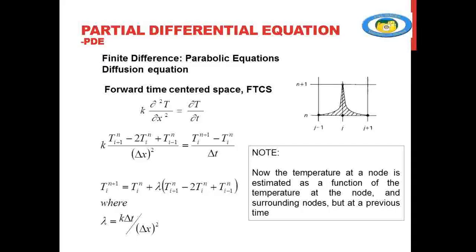As you can see, what's important in that equation are the terms involved in finding T i at the n plus 1 temporal level: T^n at the i node, T^n at the i plus 1 node, and T^n at the i minus 1 node. So using those known nodes, we are going to find T i at the n plus 1 node.